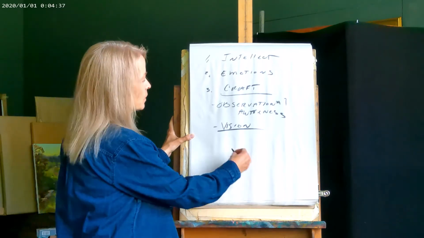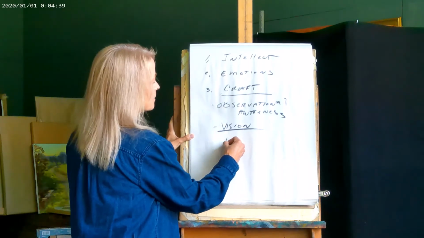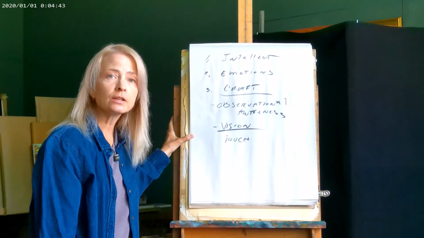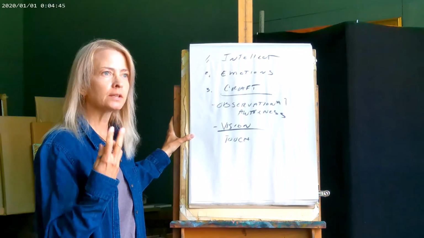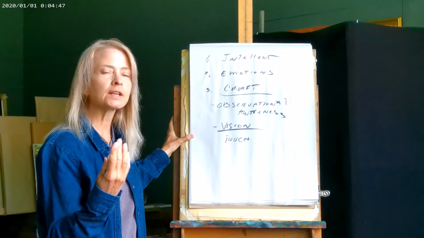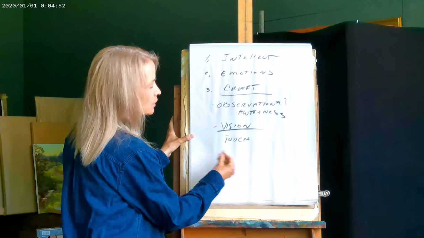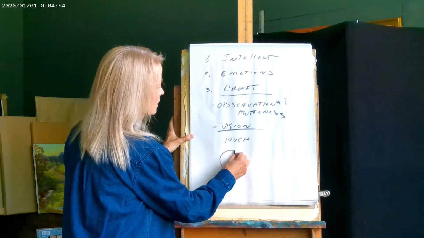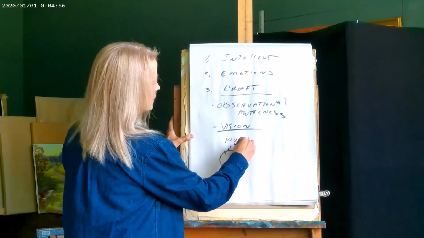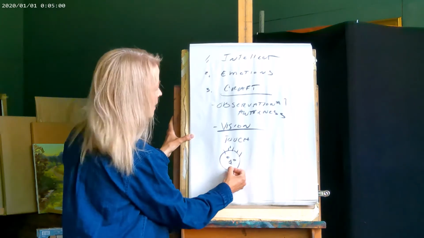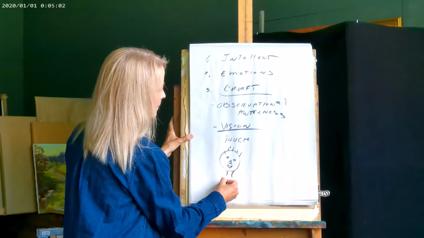Okay? We experience vision by touch. Like a child doesn't have a visual mental concept. They relate to touch. So if we think about a child's drawing, they'll draw a circle for a head. They'll put little spiky hair, maybe a little neck.